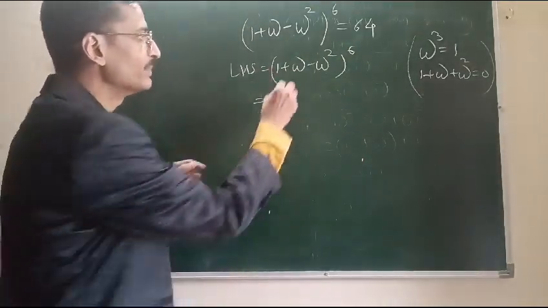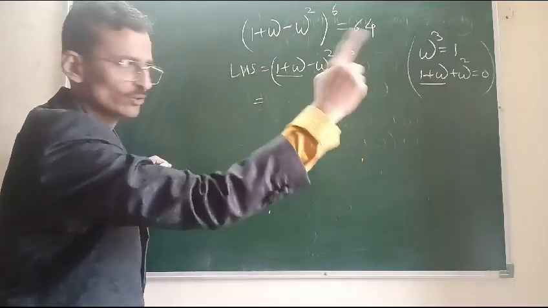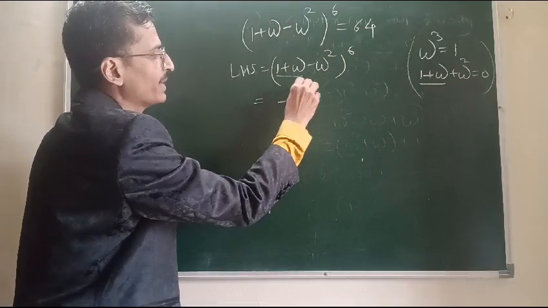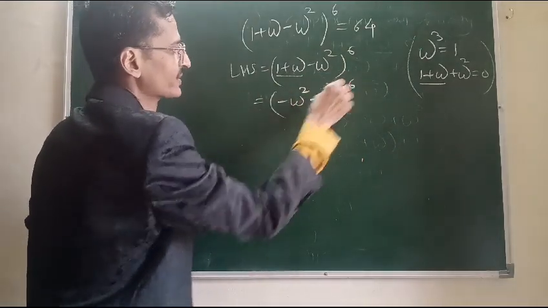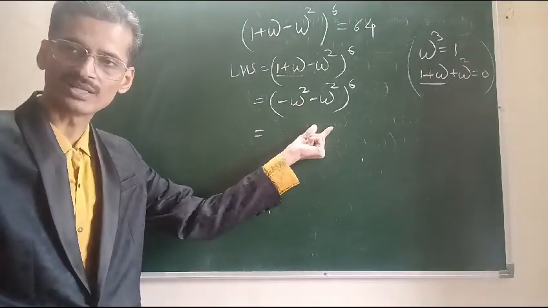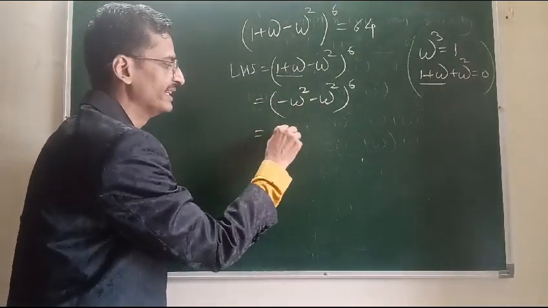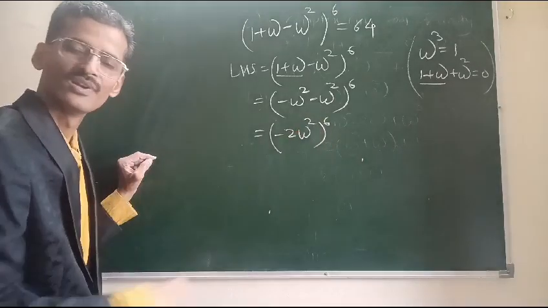Now this 1 plus omega write as minus omega square. So 1 plus omega is minus omega square, minus this omega square, raised to 6. So like minus x minus x is what? Minus 2x. So minus omega square minus omega square is minus 2 omega square, raised to 6.